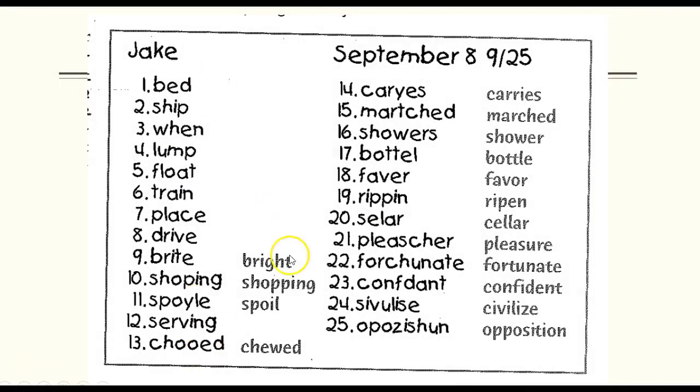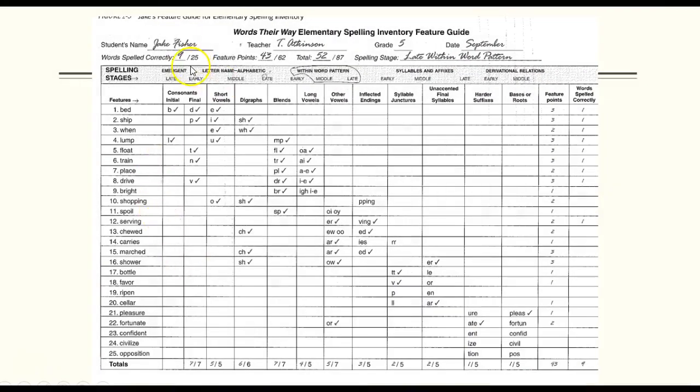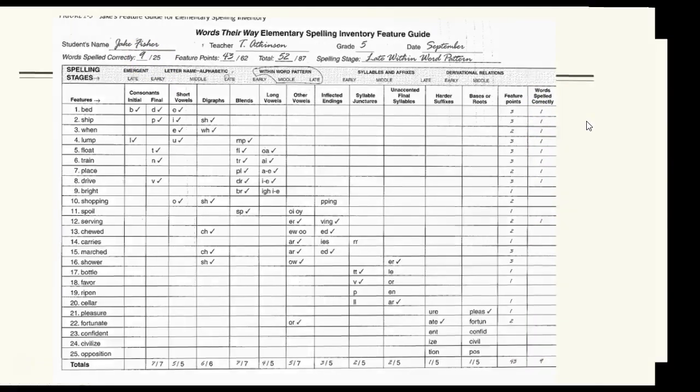So first you look at the whole words and you write down those words that are spelled incorrectly. You put the correct spelling next to it and then count up the total words that they have correctly. So that's going to be written down here. He has 9 words spelled correctly, and these check marks show all of his 9 words spelled correctly.